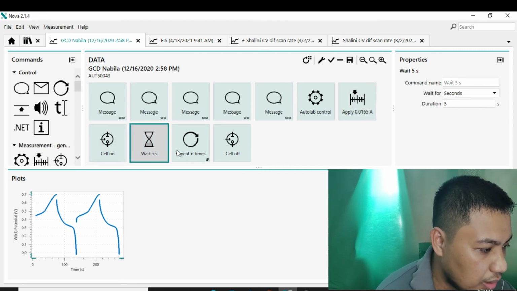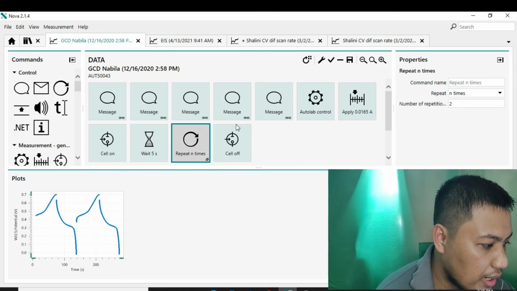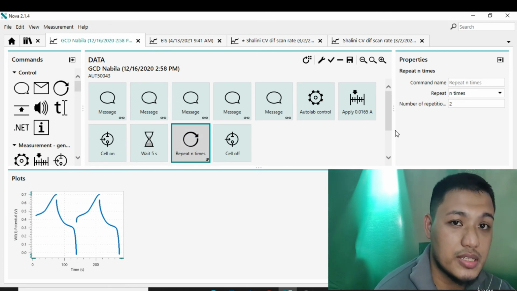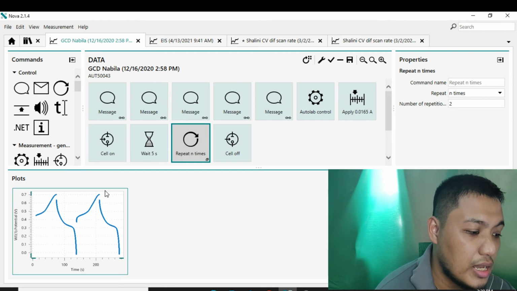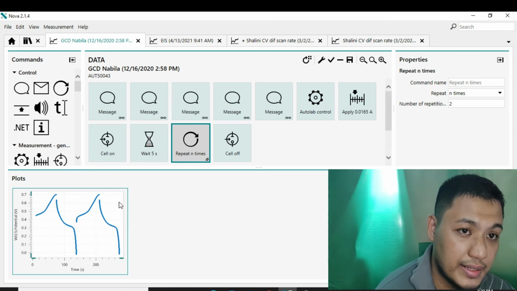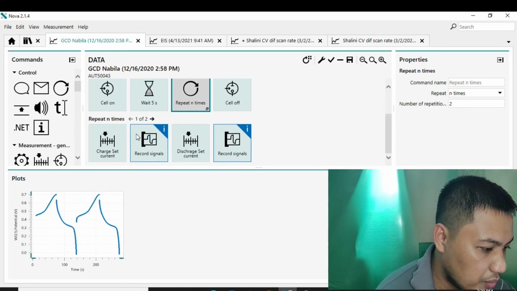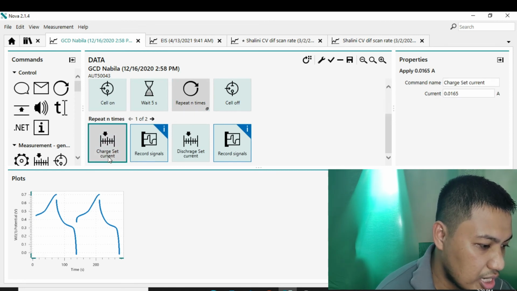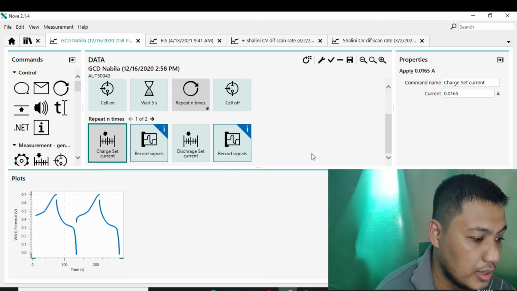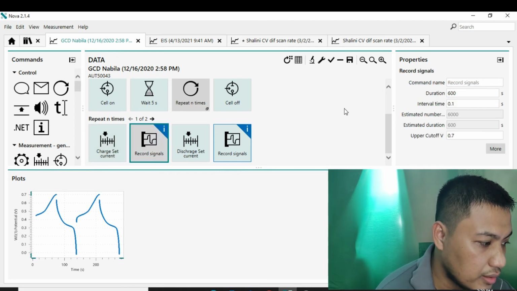Last but not least, here the repeat and times. Normally we repeat the GCD for a second time, and we choose the second graph, not the first graph. So at the repeat and times, you click here, just set current. Input the amount of current, the same. For record signal, normally you put a higher value.